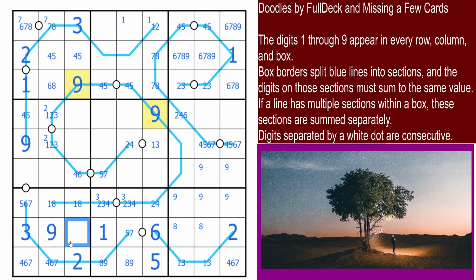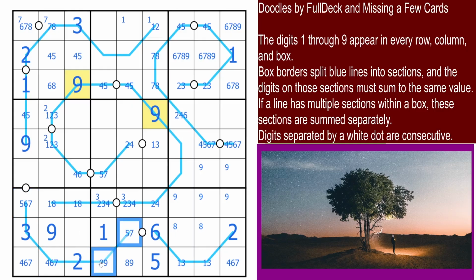No. Nope. 4, 5, 5, 6, 7, 4, 6, 7. Come on. Maybe this one. Can that be 7? If that's 7, this is 12 plus 5, 17.